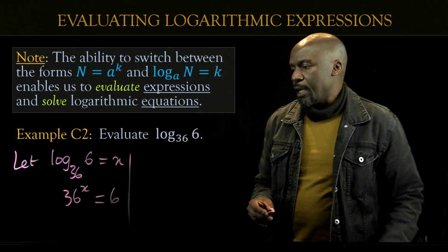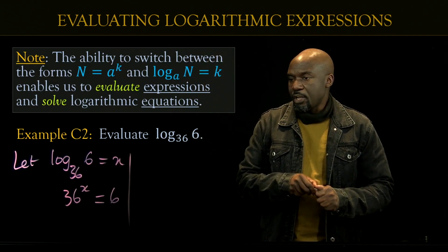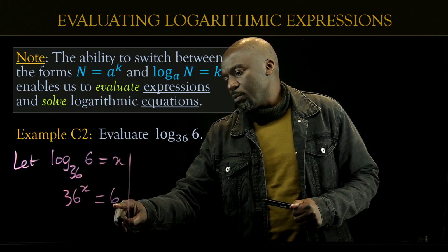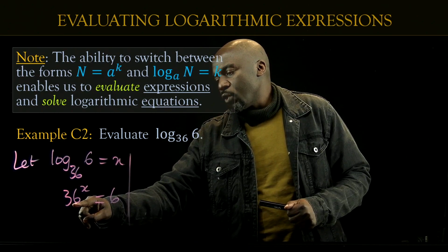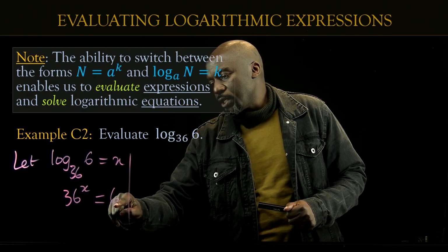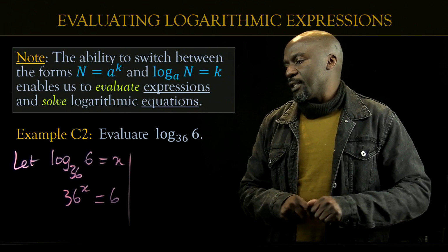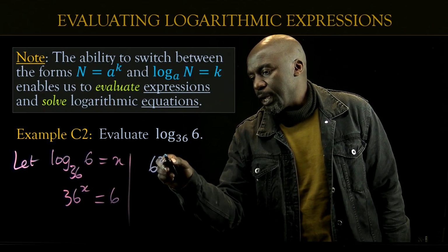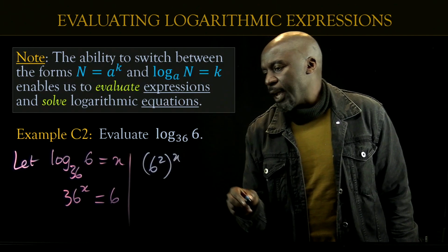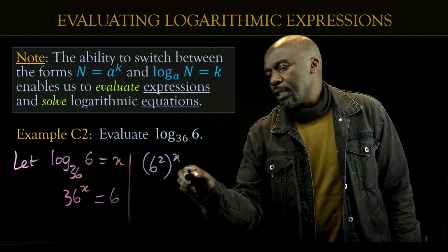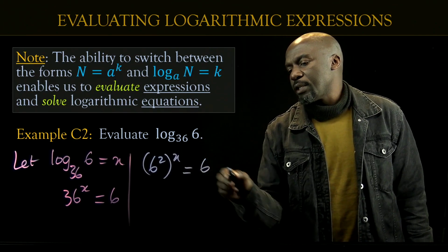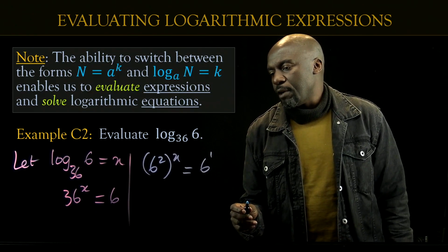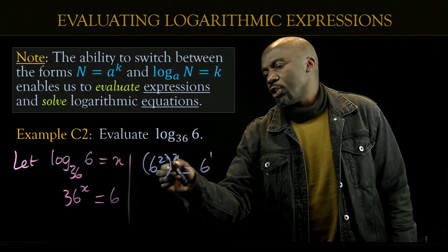Once again, we want to ensure that the bases are the same. This is base 6 and that's 36. So we need to change to the lowest base, which is 6. 36 can be written as 6 squared, so I'm going to write 6 squared, everything to the power of x, and that is the same as 6. 6 can be expressed as 6 to the power 1. If we open that bracket by the laws of exponents, the powers just multiply.